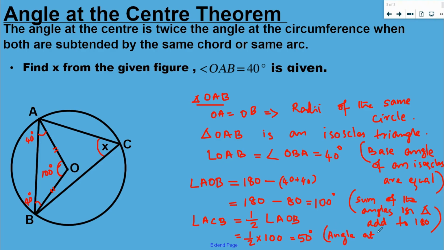So we use the circle theorem to find x. Since this is 100, this is going to be half of 100, because the angle at the center is twice the angle at the circumference. This is an application-level question using circle theorems.